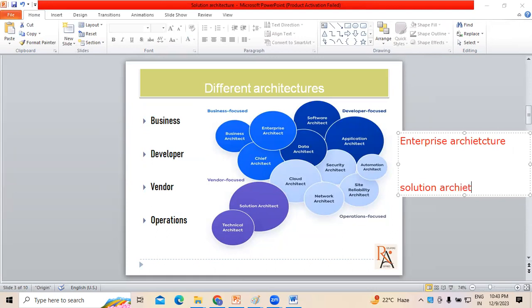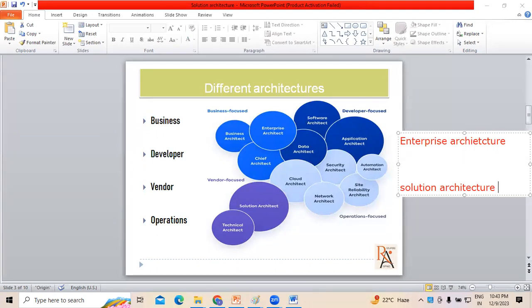Solution architecture comes next, enterprise architecture comes first. Understand the difference, because we need to have a clear understanding of these two for sure. So enterprise architecture comes first, solution architecture comes next.